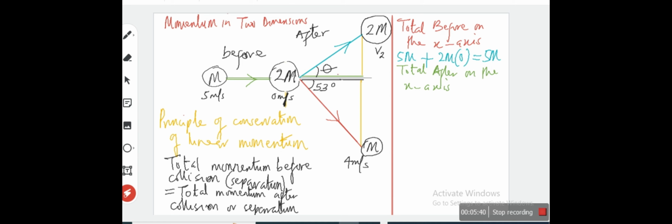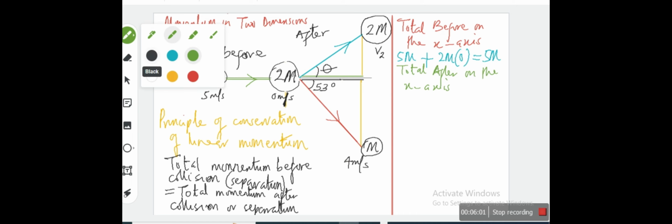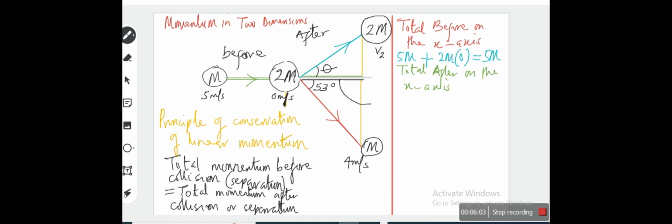Okay, so what's the value of this black one? The horizontal component of this one. The velocity is 4. So what's the horizontal component of the velocity? First of all, we need to even show the directions.